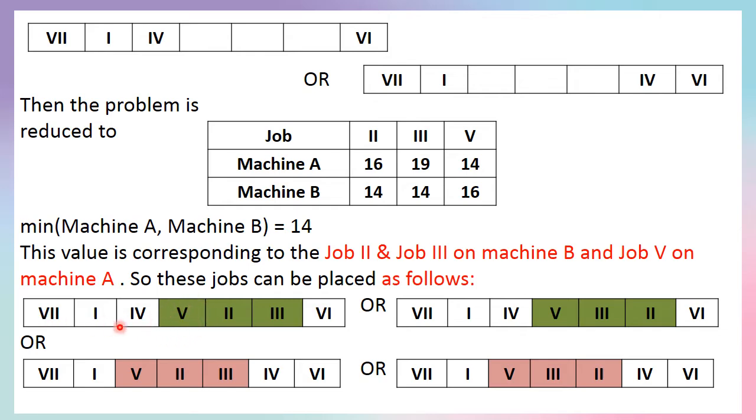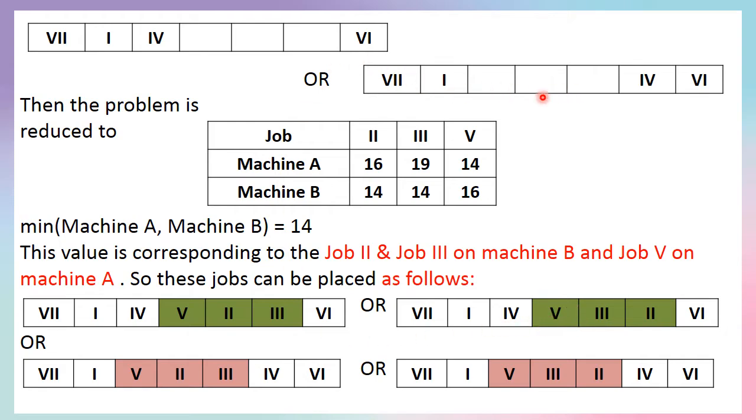So the sequence will be this way. And if you arrange these second and third jobs as third and second, then we can place the third job, then the second job, like that, and the fifth one is fixed in the remaining position.